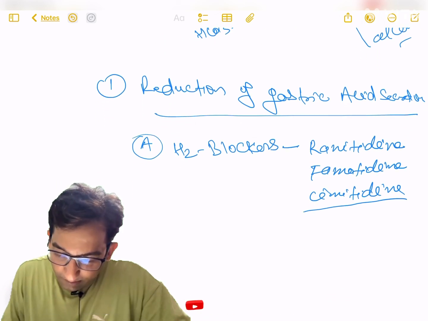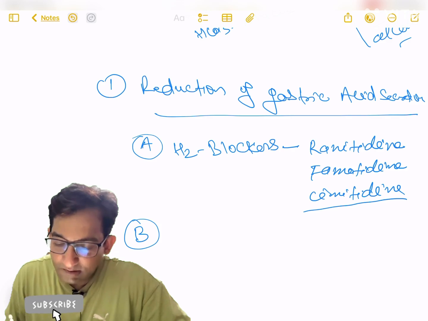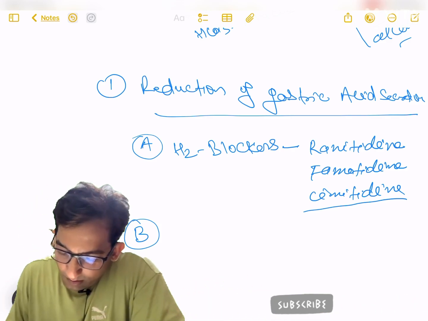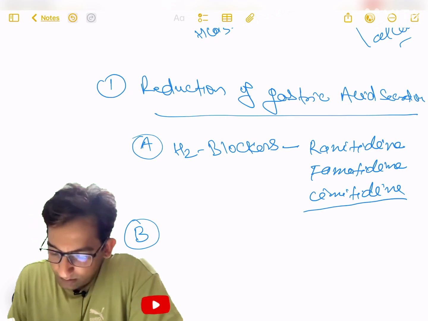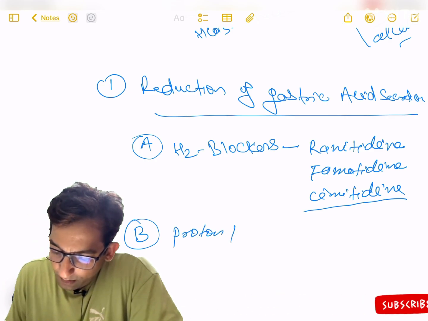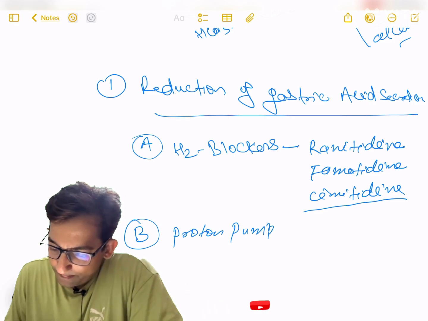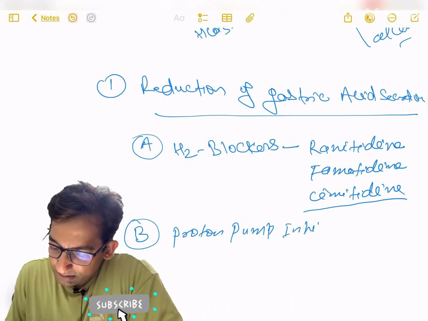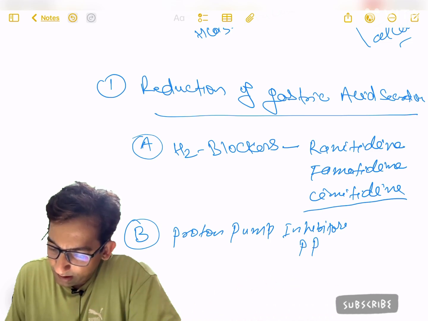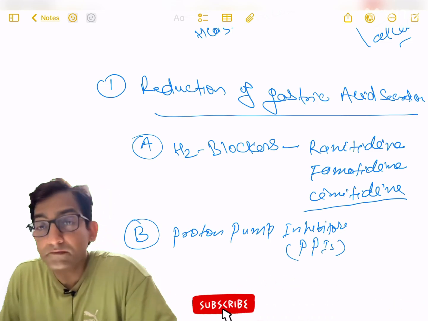Now, the second category of drugs for reduction of gastric acid secretion, and the most important, is proton pump inhibitors, that is called PPIs. Okay.